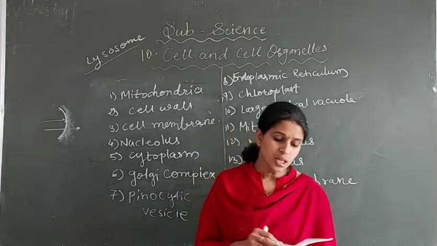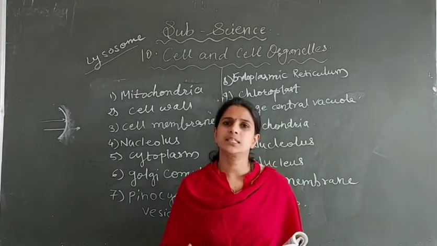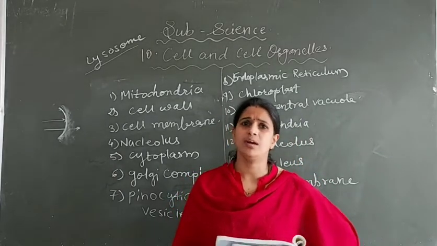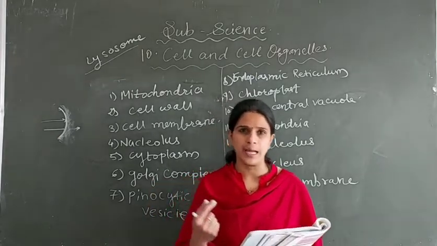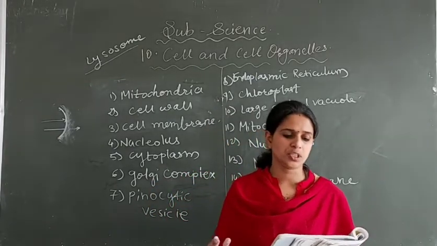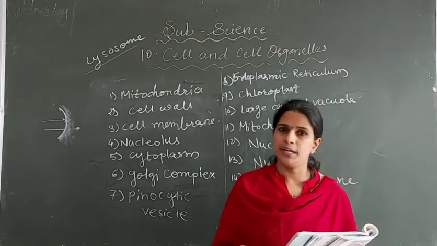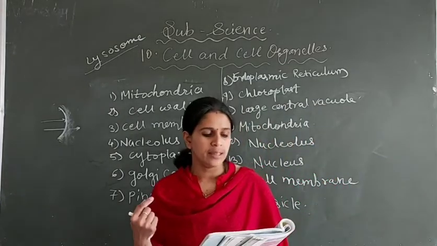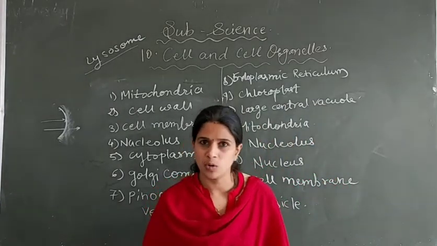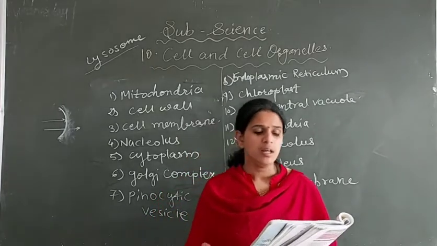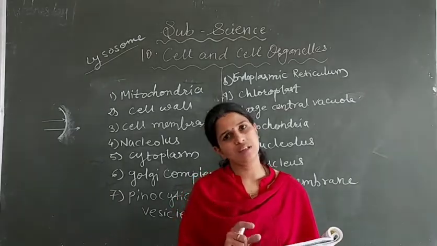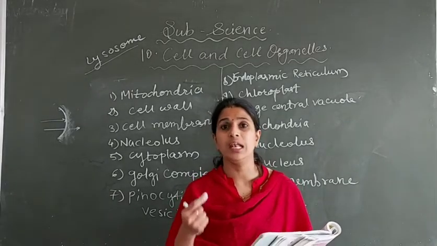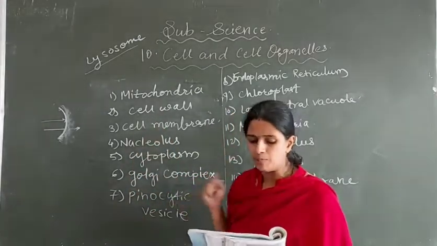Okay, so these things we'll discuss in the next lecture because today we are having a lot of homework. So at first what you have to do, you have to write down the two questions which we already discussed. Then next point is you have to write down the definition of a cell. Then next thing, draw the structure of a cell, plant cell also and animal cell also, with the labeling which is given here.